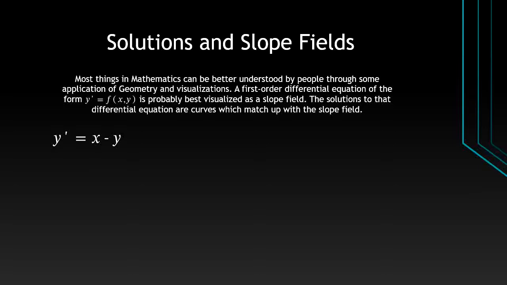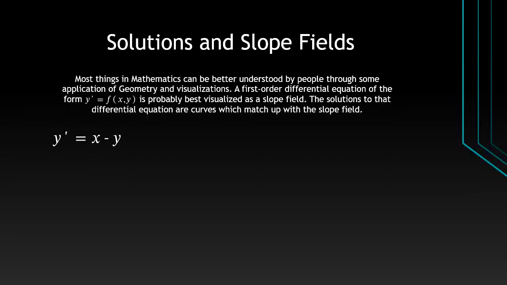Here we have a differential equation, y prime equals x minus y. This equation is a first order equation, and it's of the form where y prime equals some function of x and y. What this means is that for every pair of values x and y, there is a y prime value associated with that pair.